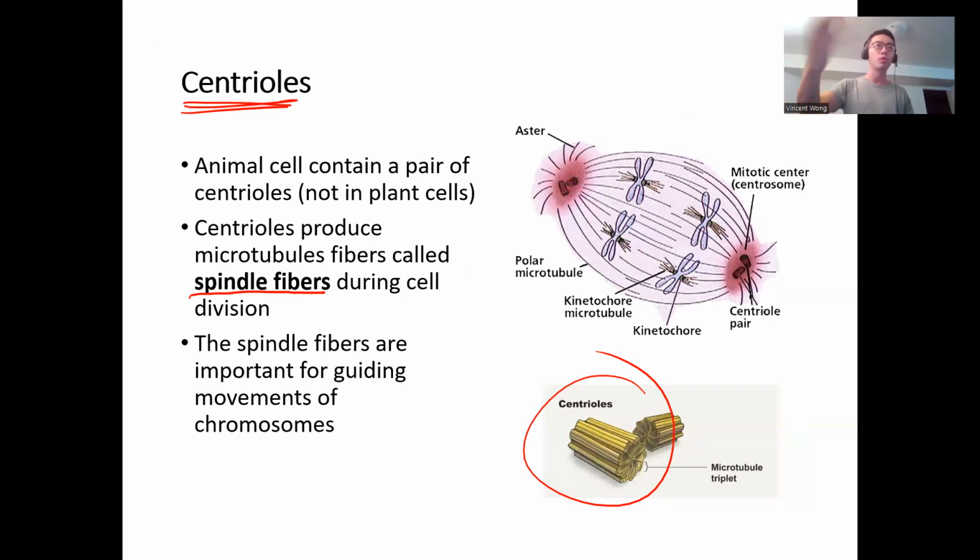We have to move the chromosomes around, so something has to guide the chromosome movement. Again, nothing is random. If you wait for things to happen randomly, it will take forever. So we need some kind of guiding system, and that's what the spindle fibers will be doing. It will move the chromosomes to the intended location. So centrioles will send out these specialized microtubules called spindle fibers.